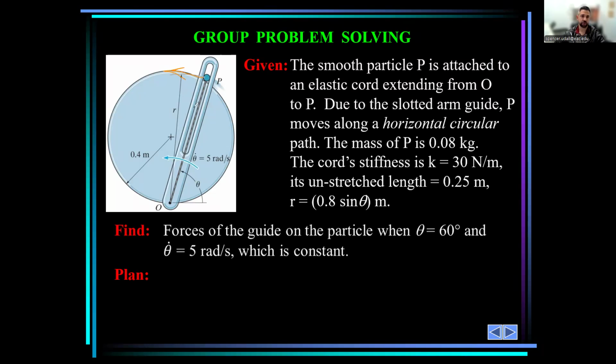So that would be its force, but there's also a normal force caused by the circle, right? If you look at its tangent path, let me change color here. If we look at the tangent path, it would be something like that.